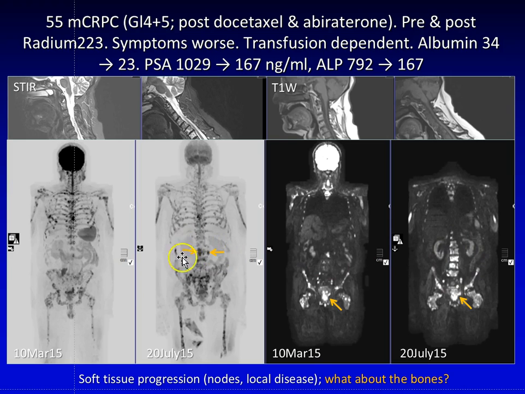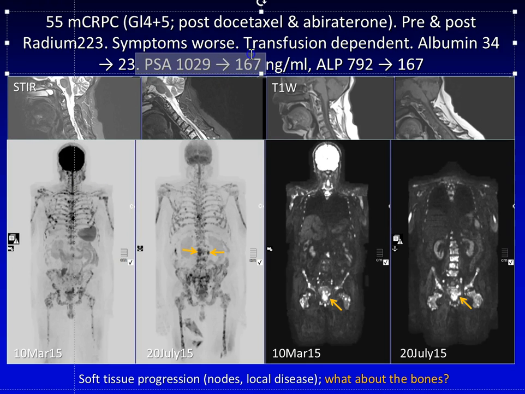He has new lymph nodes in the retroperitoneum, again in keeping with progression. But the interesting thing is this, that the PSA value has actually dropped. So how does one then explain the fact that the PSA has dropped and everything else looks worse?